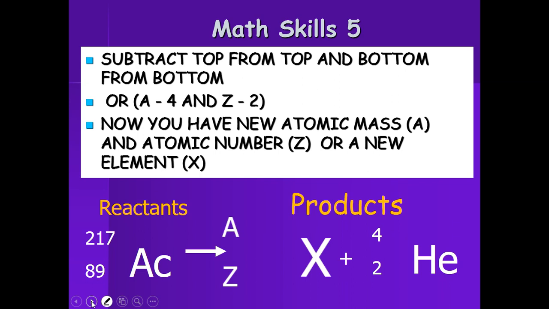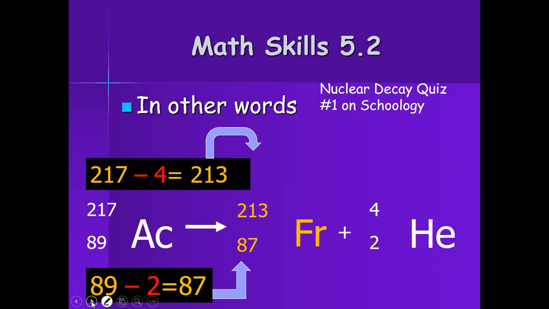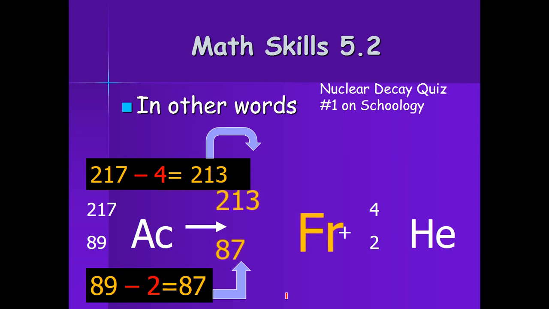So I'm going to take 4 away from 217 and 2 away from 89. And there's my new number. 217 minus 4 gives me 213. 89 minus 2 gives me 87. My new element is called francium.